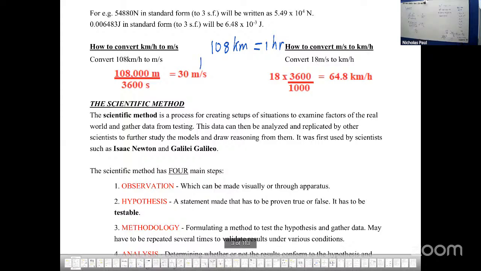So now you have 108,000 meters. Can we convert hours to seconds? How do you do that? Times 60 times 60. So times 3,600. So 1 hour has 3,600 seconds.